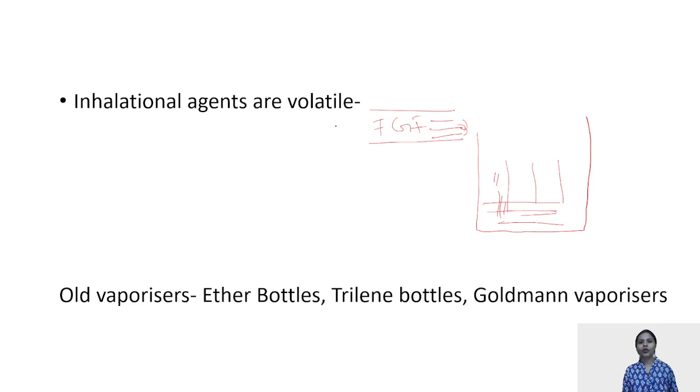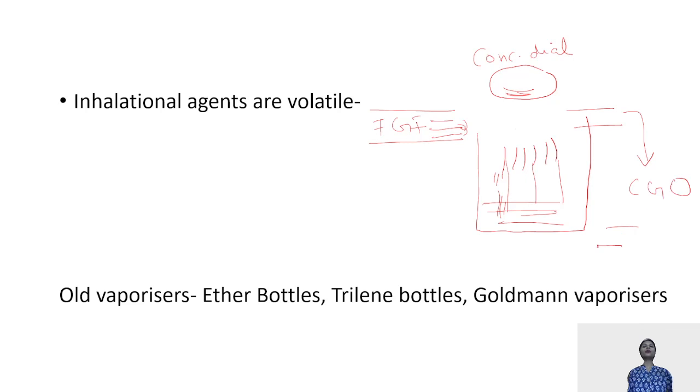So for a set supply, we have a concentration dial here on top of the vaporizer. If you set the dial at a certain percentage, that is weight by volume percentage, that amount of vapor is going to get added to your fresh gas flow, and eventually that is going to reach the common gas outlet.